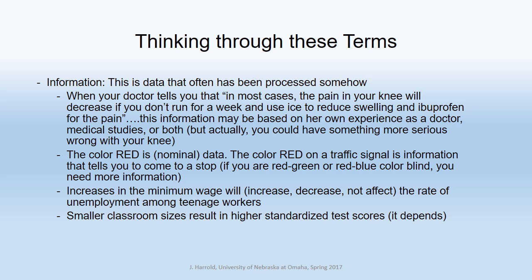Or if you're red-blue colorblind, you might mix up the traffic light with a street light. So you need more information, and you have learned to process that information so that you can tell if the light's red or green.